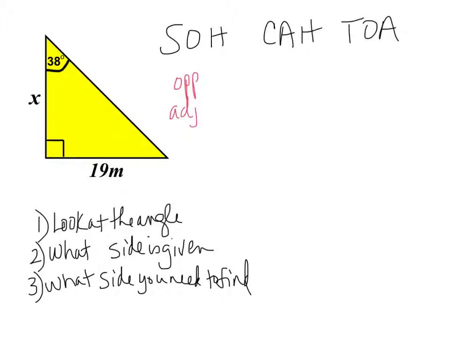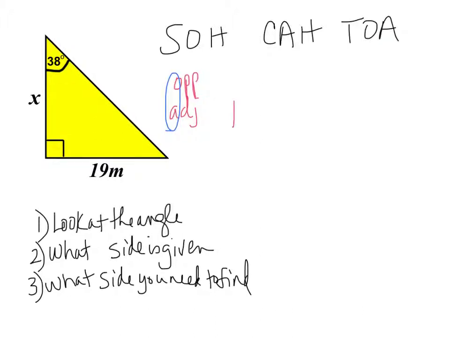Well, which of these, SOH CAH TOA, sine, cosine, tangent, actually uses opposite and adjacent? Look for the O and the A. Sine uses opposite and hypotenuse, so that's not it. Cosine uses adjacent and hypotenuse, that's not it. So we're looking for tangent, opposite over adjacent.